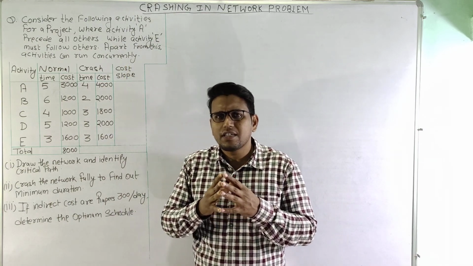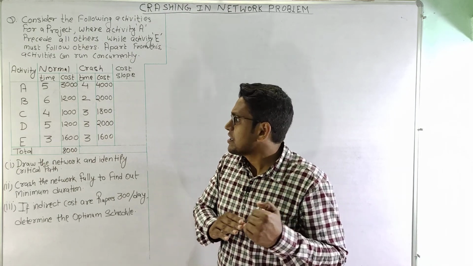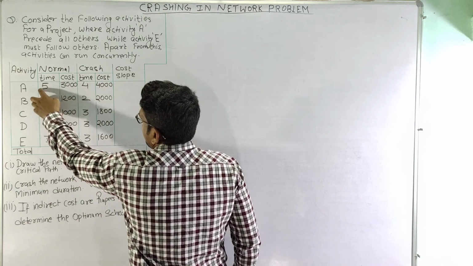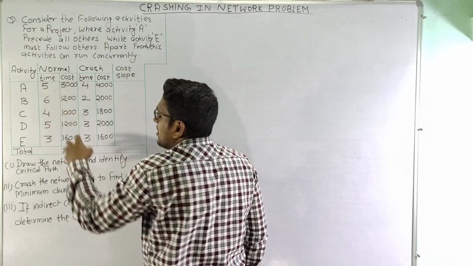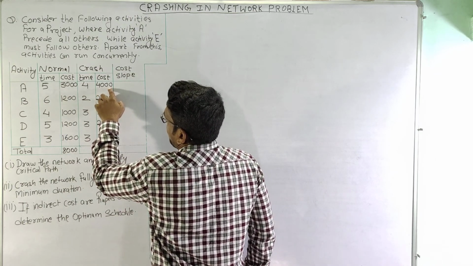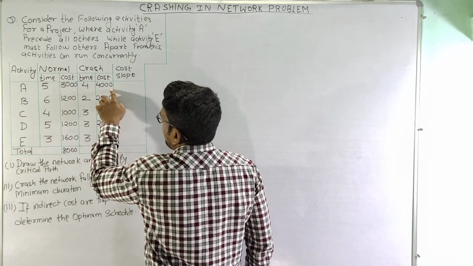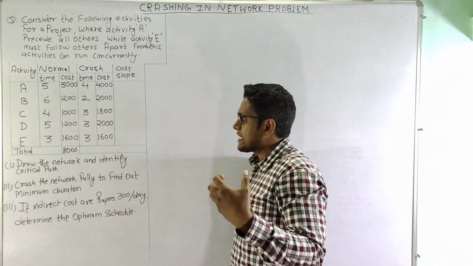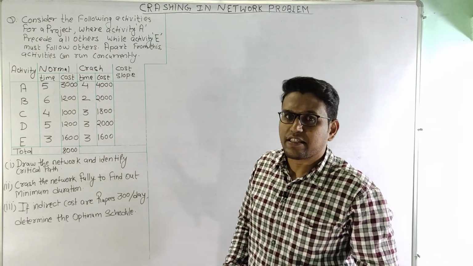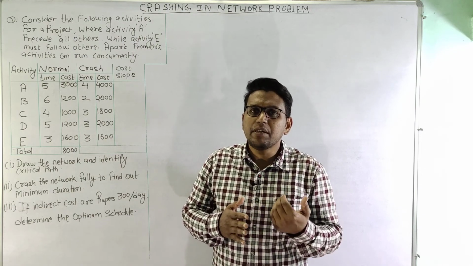The normal cost is the direct cost which an activity incurs in normal time, whereas a crash cost is the increased form of direct cost, which occurs when the activity is completed in crashed time. And what is a crash time? Crash time is the minimum time in which an activity can be completed.